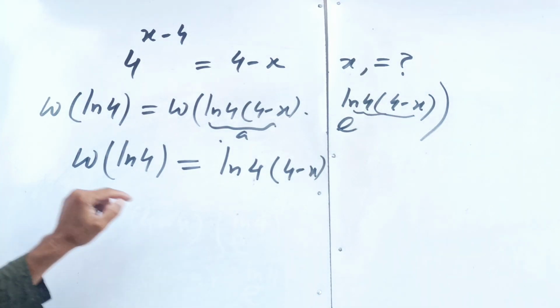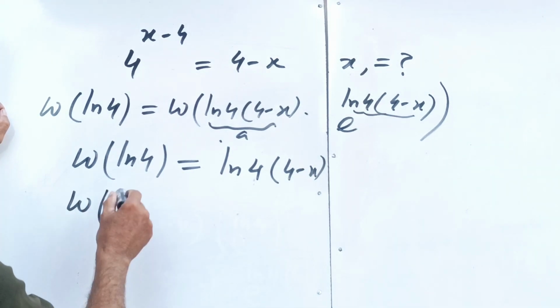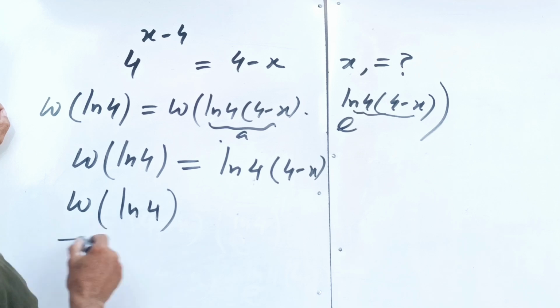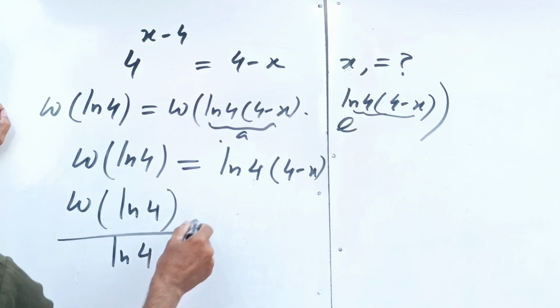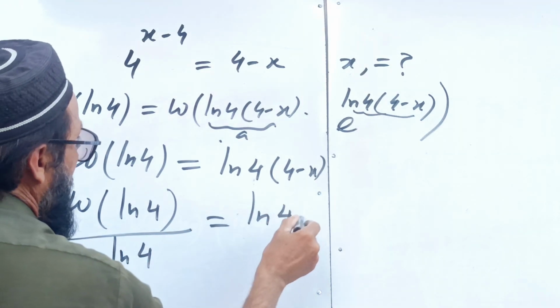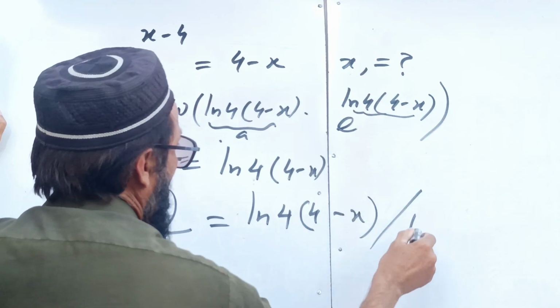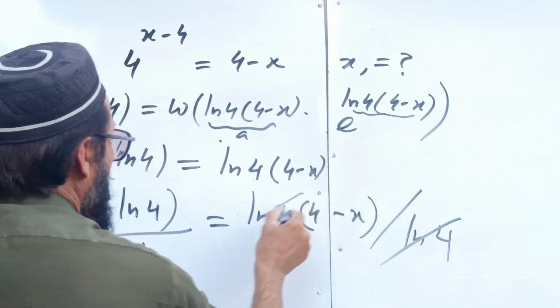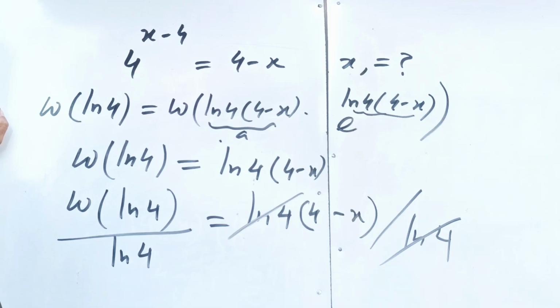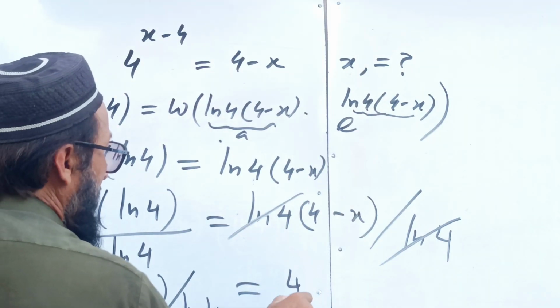Now we try to finish log of 4, dividing both sides by log of 4. This log of 4 is cancelled, so 4 minus x is remaining. W of log of 4 divided by log of 4 is equal to 4 minus x.